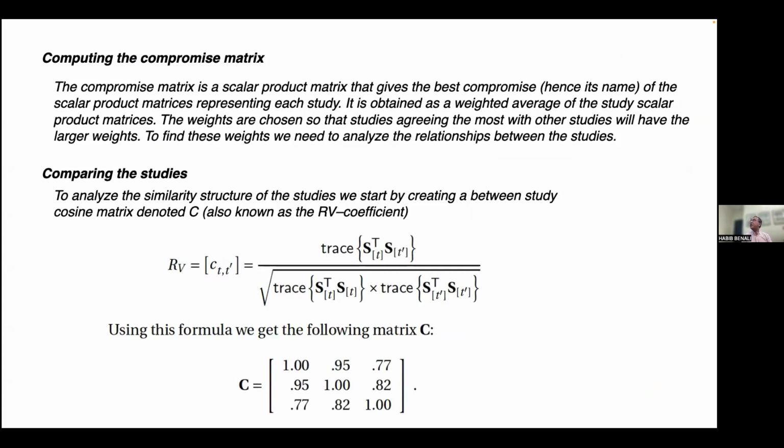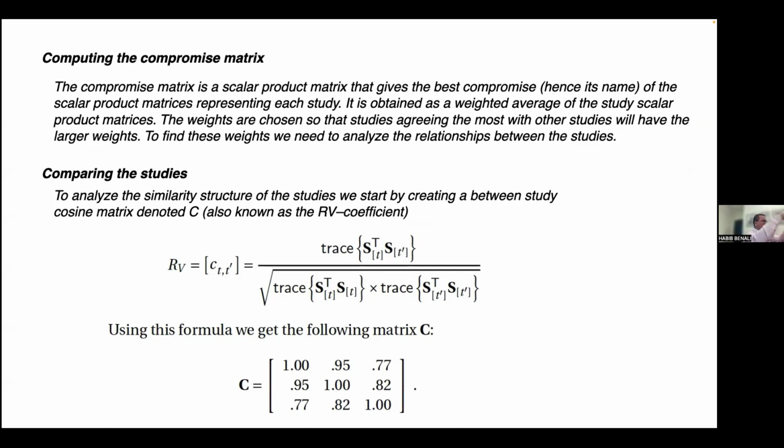This is the generalization of the correlation between variables. The RV coefficient is exactly the correlation coefficient, but if the data set is a data table, you can have something that generalizes this correlation, called the RV coefficient. This comes from statistics.